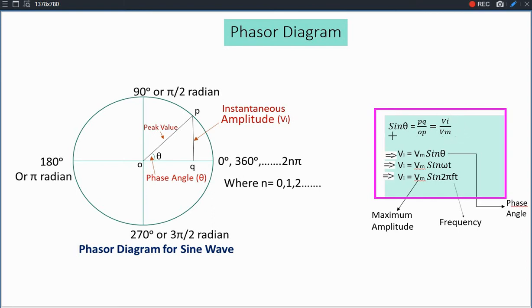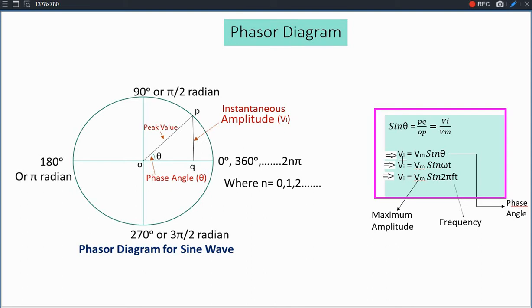So from this formula, sine theta is equal to Vi by Vm, which has come from the basics of trigonometry. Here you can write that this gives Vi is equal to Vm sine theta.